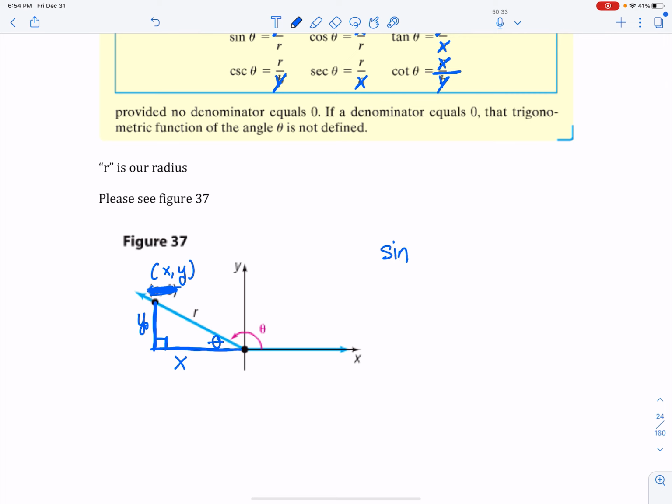So we still are using our definitions: opposite over hypotenuse for sine, adjacent over hypotenuse for cosine, and opposite over adjacent for tangent. So if you're able to draw the right triangle, you're able to use these definitions instead of using y over r, x over r, etc. But they're the same thing.